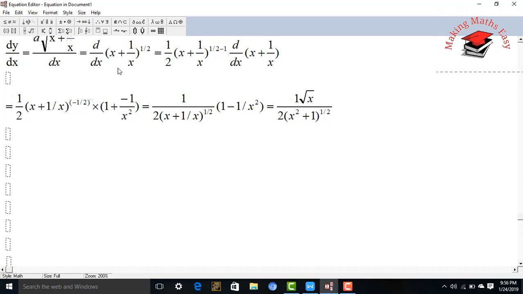and on solving this I will get the answer as 1 minus 1 by x square. So I will get x square minus 1 in the numerator, so in the numerator I will get x square minus 1 divided by x square.